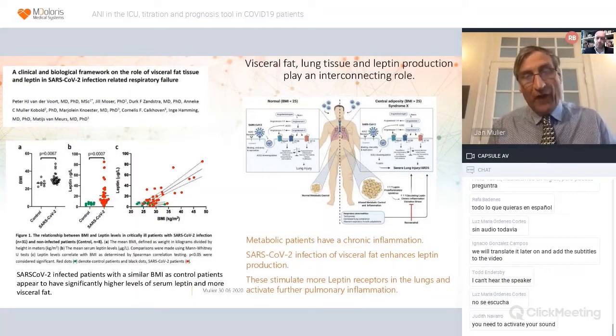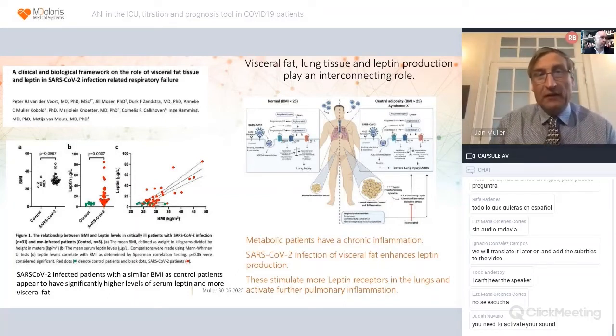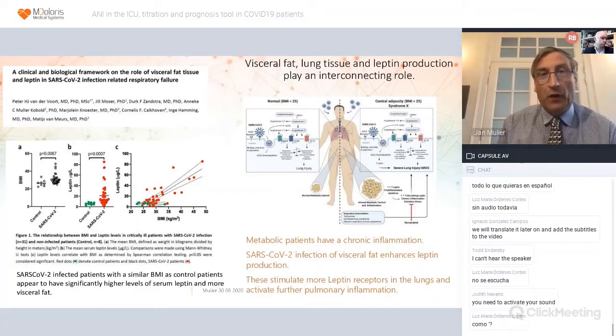The visceral fat actually is the place where the COVID-19 infection will stimulate a larger production of leptin. If you look here at the graph, in red are the patients getting severe SARS-CoV pneumonia, and as you can see, we get rising levels of leptin.